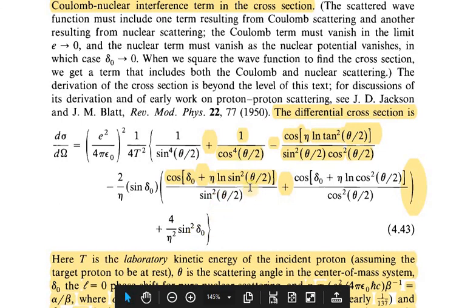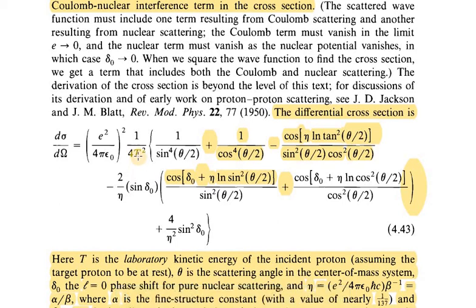Here T is the laboratory kinetic energy of the incident proton. Theta is the scattering angle in the center of mass system.